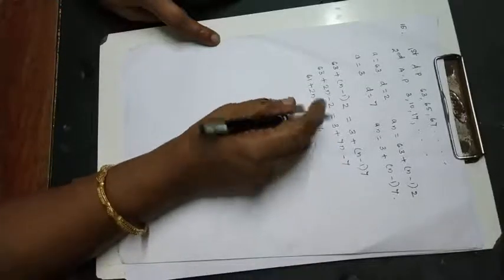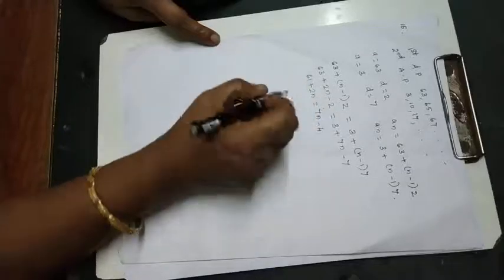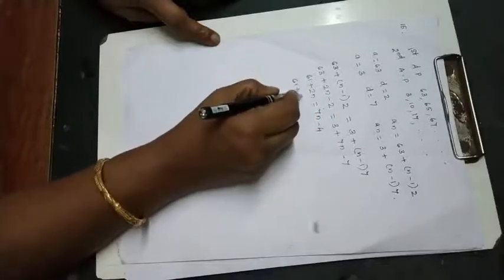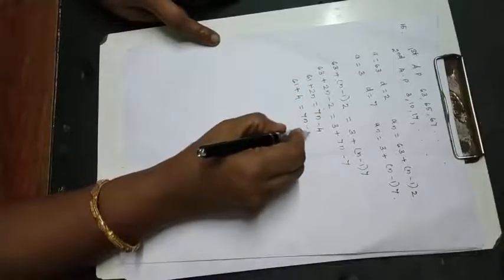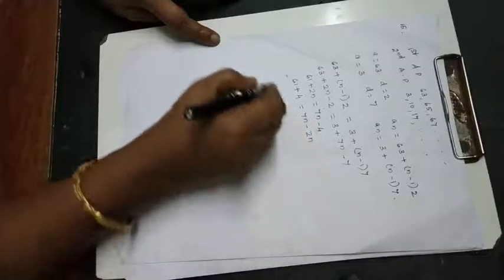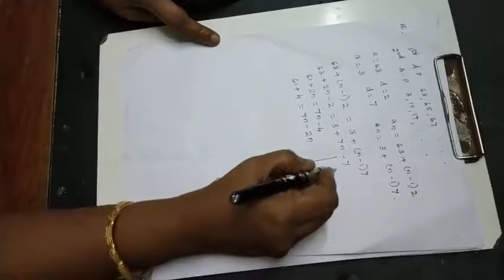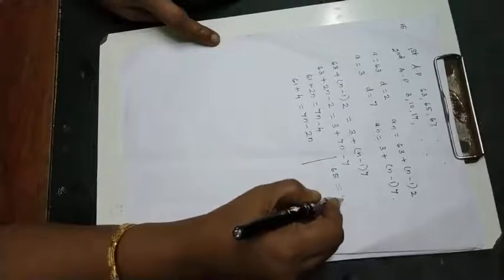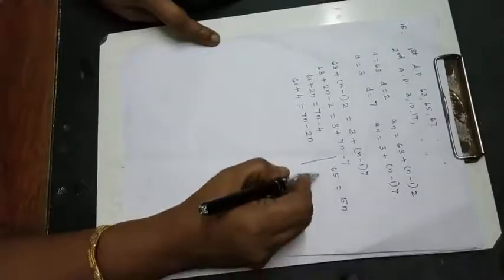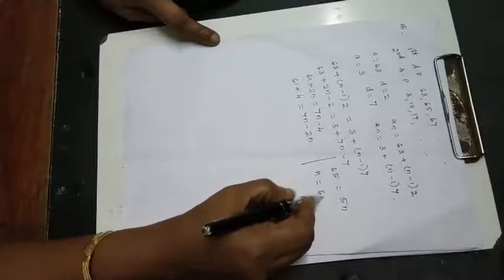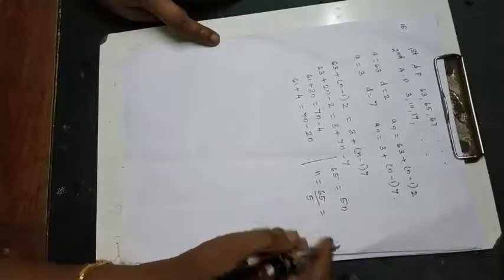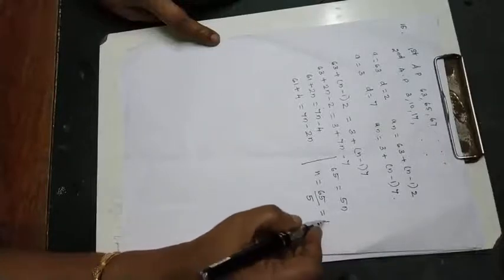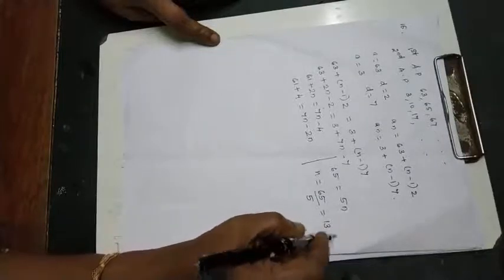Take that 2n to the other side, so 61 plus 4 is equal to 7n minus 2n, or 65 is equal to 5n, or n is equal to 65 by 5, that is equal to 13. 13 5s are 65.